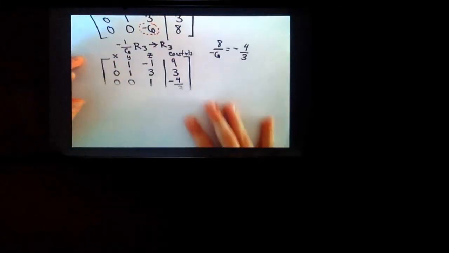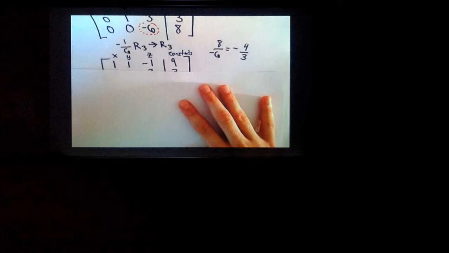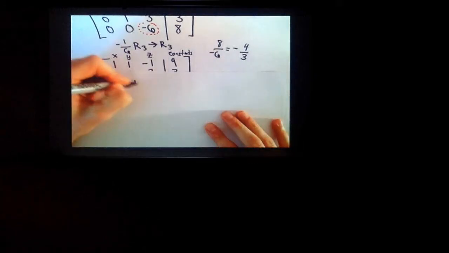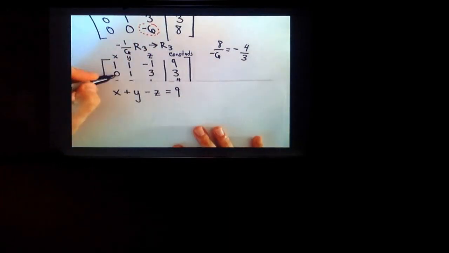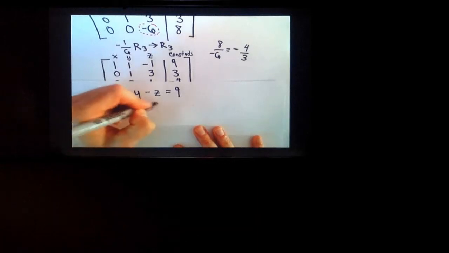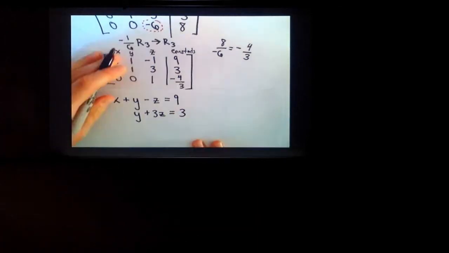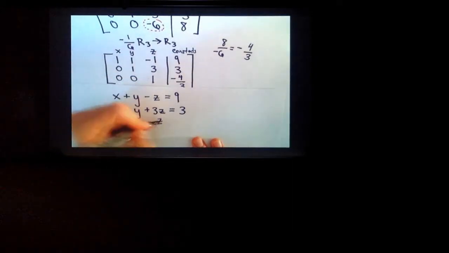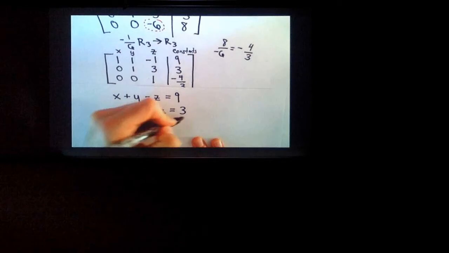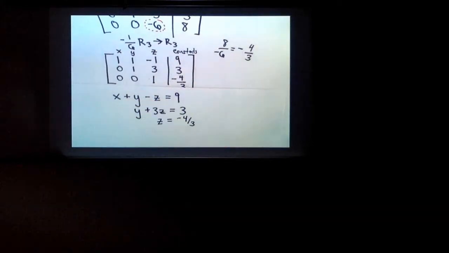So we've really got this system of equations: 1x plus 1y minus 1z equals 9. From our second row, we've got 0x plus 1y plus 3z equals 3. From our last row, we simply have that positive 1z equals negative 4/3.